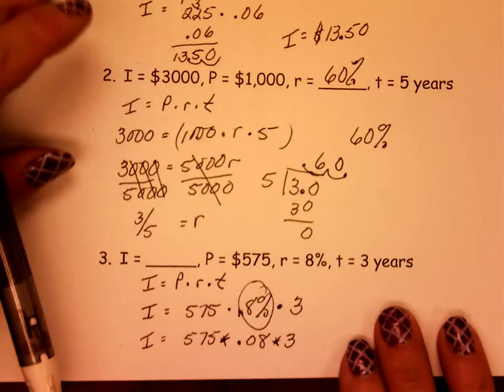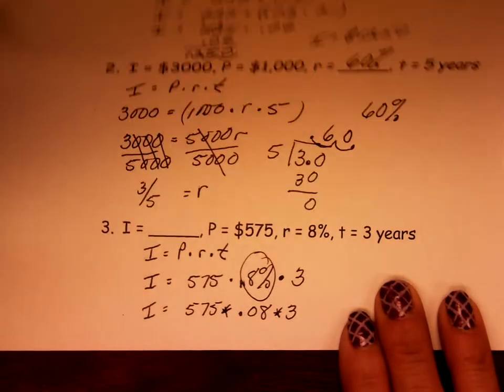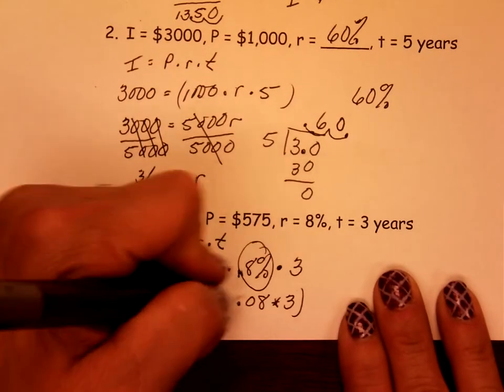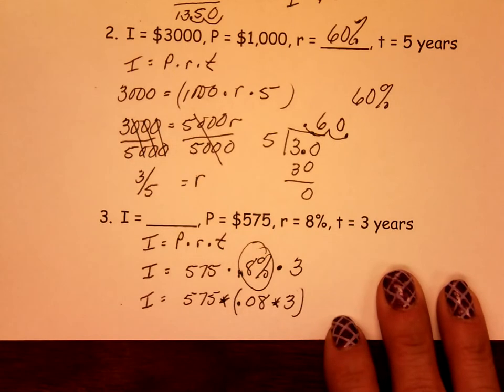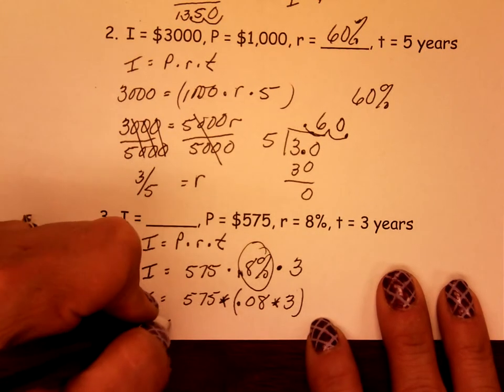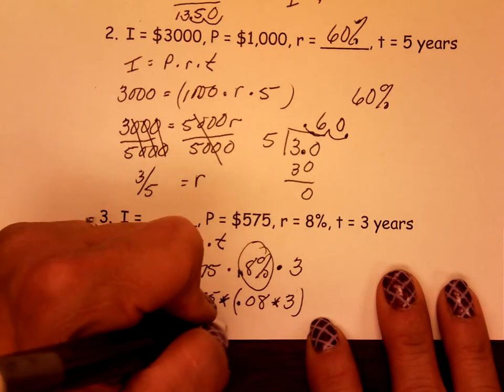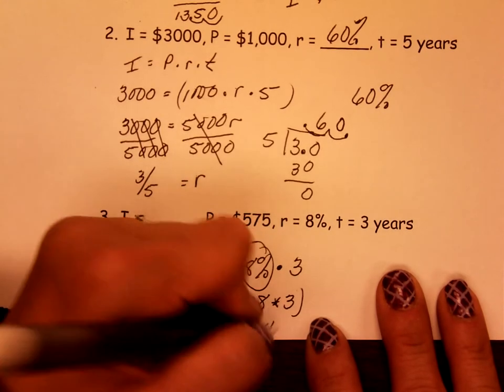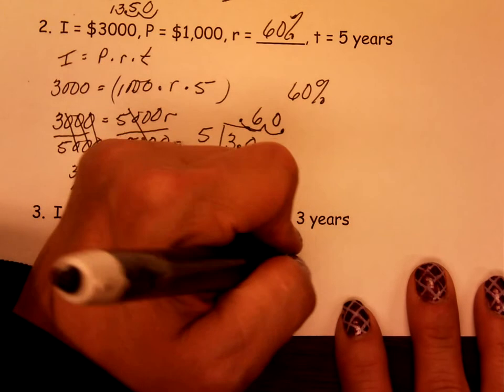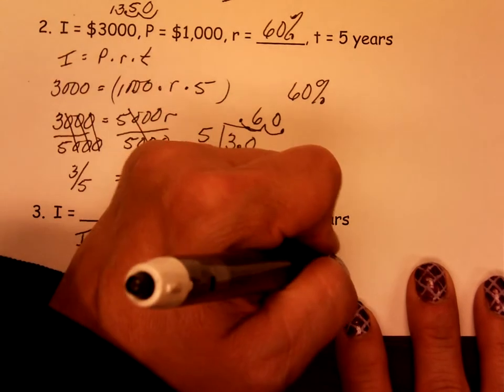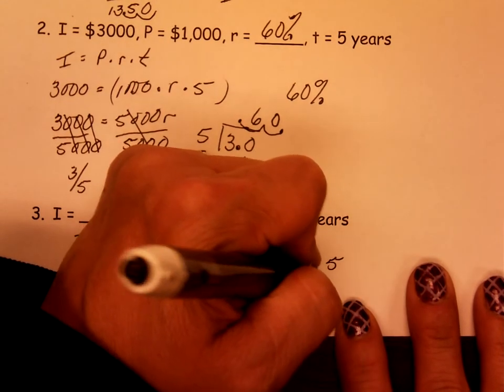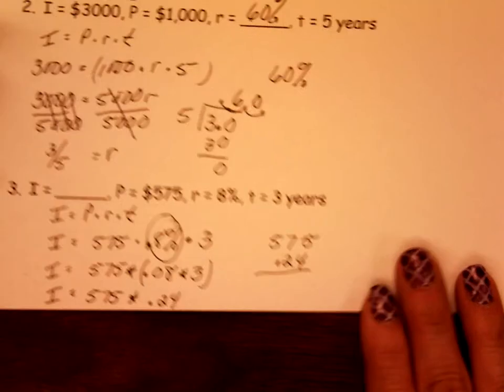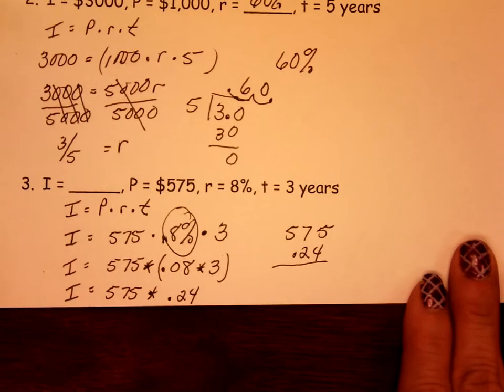I'm going to multiply 0.08 times 3. So I is equal to 575 times 0.24. So now I'm going to multiply 575 times 0.24. And I'm going to get the answer.